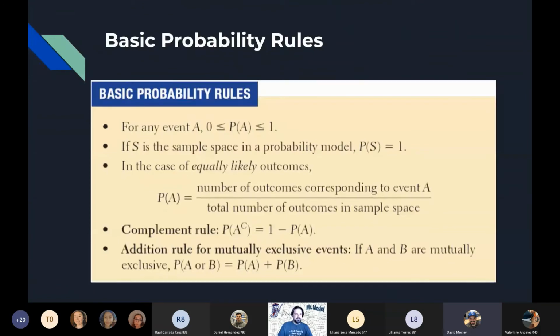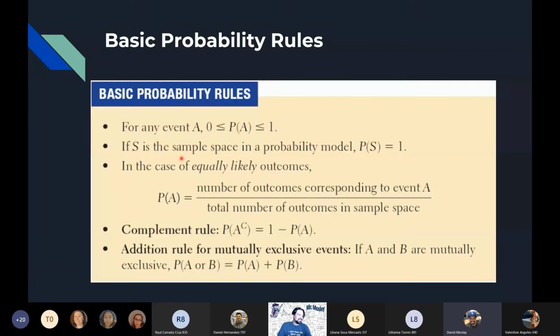We have some notation that goes along with those same 5 rules. For any event A, probability of A is between 0 and 1. That's what this means. This is our inequality that shows the P of A is greater than or equal to 0, but less than or equal to 1.